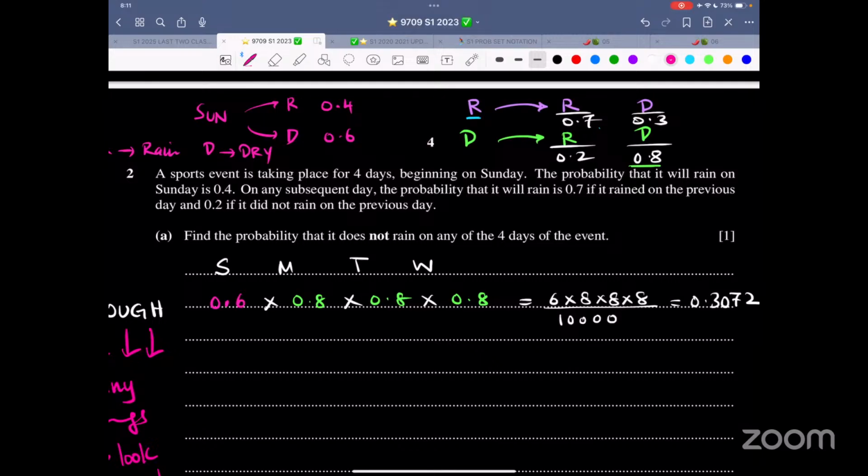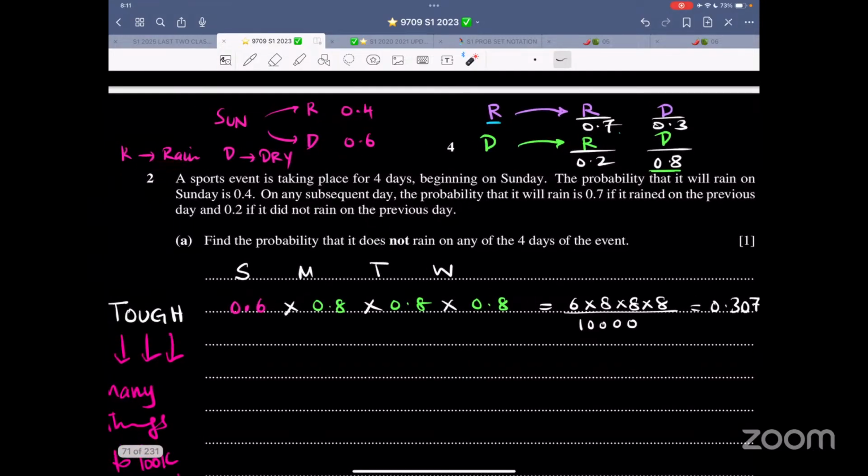It says a sports event is taking place for 4 days, beginning on Sunday. So the first day of the sports event is Sunday. The probability that it will rain on Sunday is 0.4. So first thing first, that is, it will rain on Sunday. R for rain, D for dry. I have given the key over here. R for rain, D for dry.